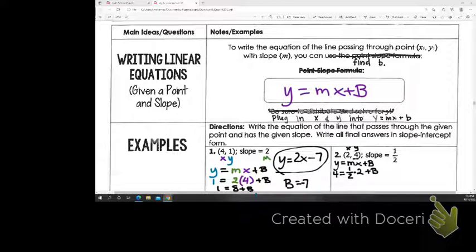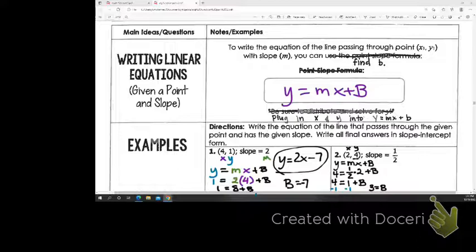So 1/2 times 2. Half of 2 is 1. If you're not comfortable with the fractions, that ABC button on the calculator might be your friend. And then I need to get the b by itself, so I'd have to take away 1. Or I might just be able to look at that and know that 1 plus 3 is 4. So sure enough, b is equal to 3.